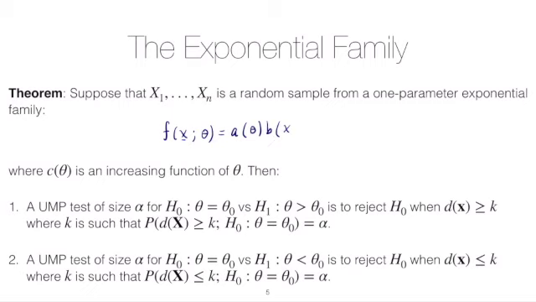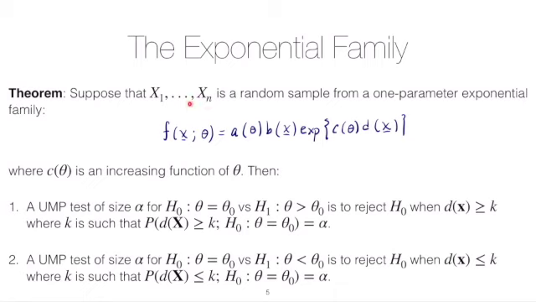B is a function of the data and not of the parameter. And then you have e raised to C of theta times D of x. From our previous study of the one-parameter exponential family, we know that if we can write our distribution like this, then D is a sufficient and complete statistic for the distribution.